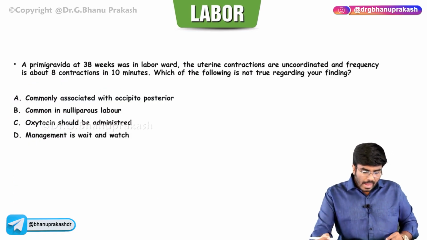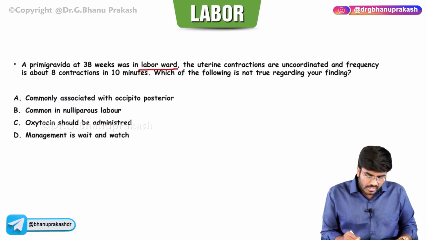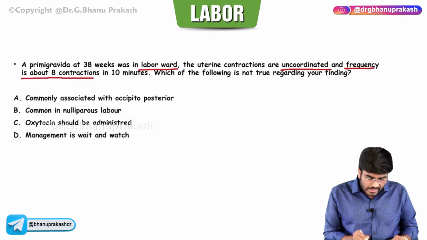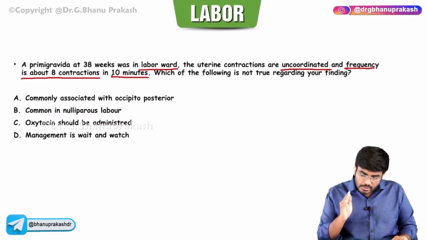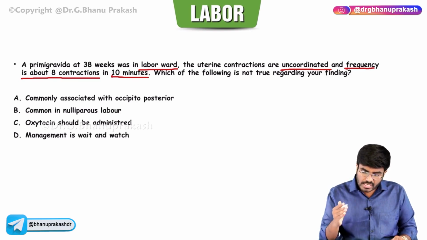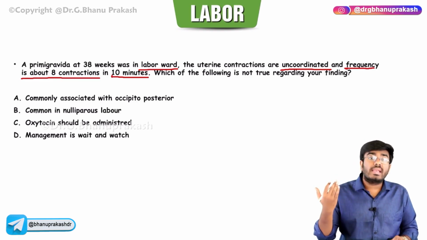True. Now, a primary gravida at 38 weeks was in the labor ward. The uterine contractions are uncoordinated and frequency is about 8 contractions in 10 minutes. Guys, this is a keyword. Eight contractions in 10 minutes, and those uterine contractions are uncoordinated.